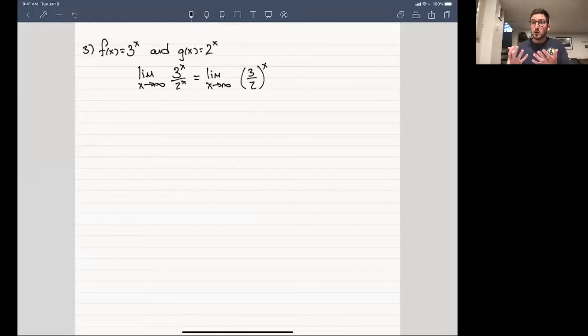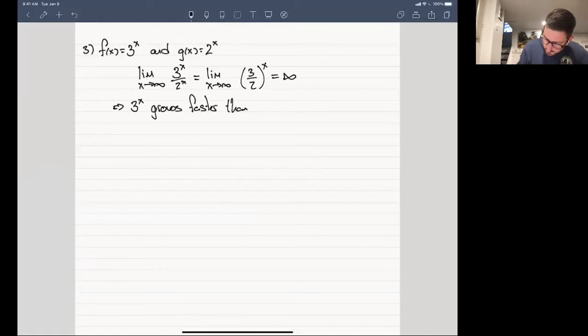You're taking something larger than 1 and successively adding more powers to it, 3 over 2 to the 10, 3 over 2 to the 100, 3 over 2 to the 1000. And this thing is going to infinity, which tells us that for these exponential functions, the base matters, right? 3 to the x grows faster than 2 to the x.